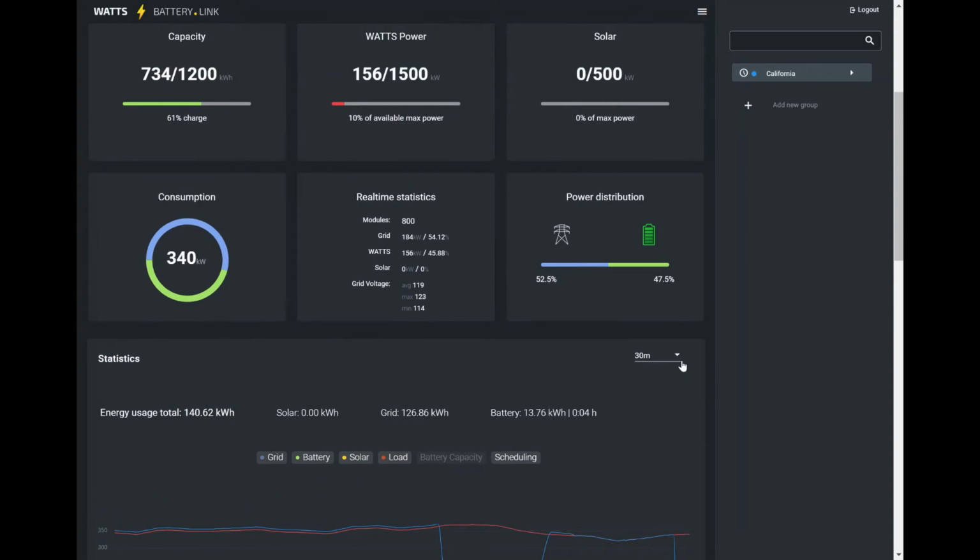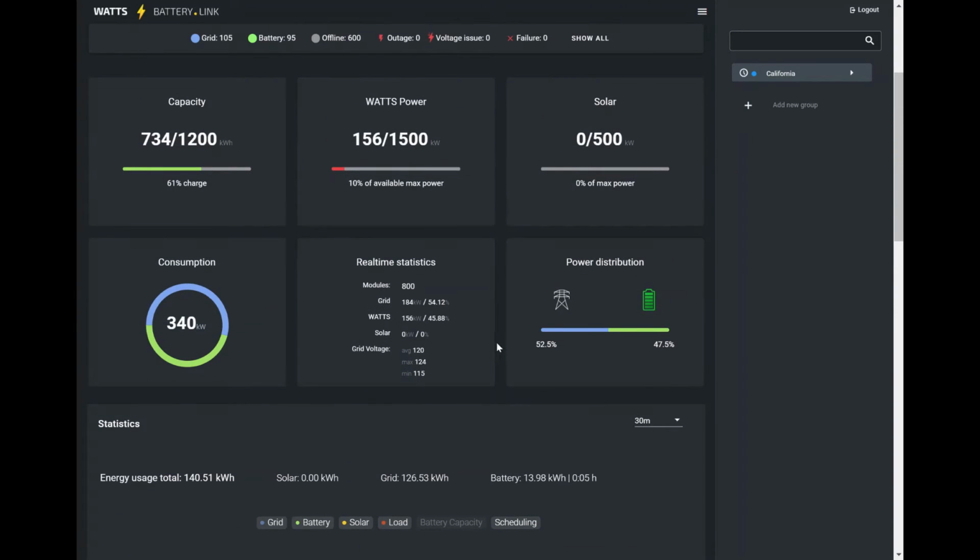And if we scroll a bit further up, we can start seeing the operation of the watts battery modules and how this is affecting the information we see in the status of the network. Now we can see that 155.56 kilowatts is already supplied by watts battery modules. This accounts for around 10% of the available max power that we have in the network.